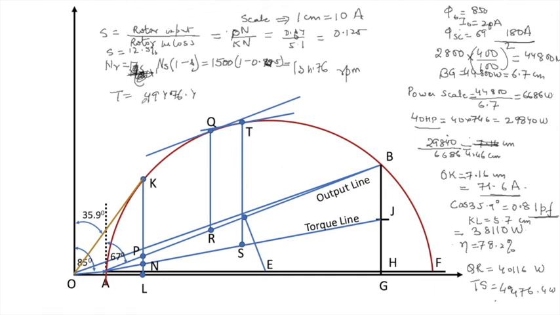Therefore, the maximum torque will be equal to the torque in power terms, which was 49476.4, divided by omega r. Convert the rotor speed into radians per second, that is multiply by 2 pi by 60. So your maximum torque will be equal to 49476.4 divided by 2 pi by 60 into 1311.76.